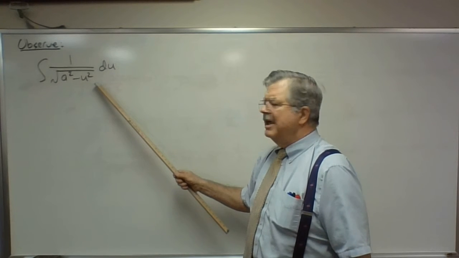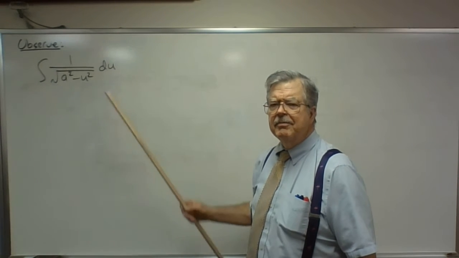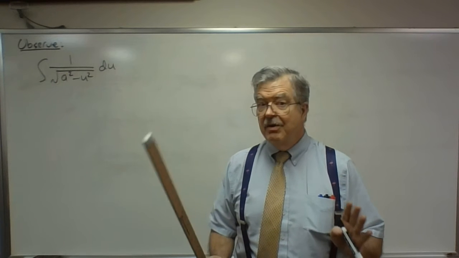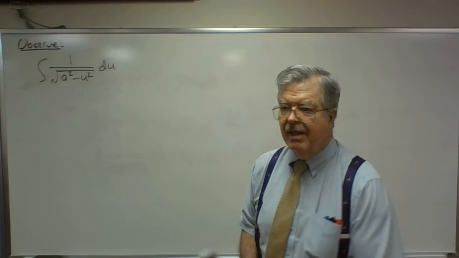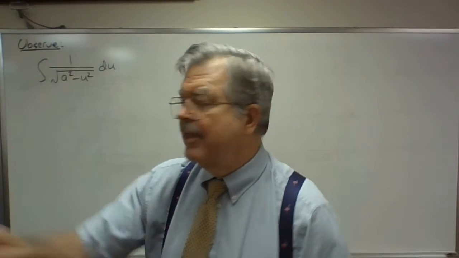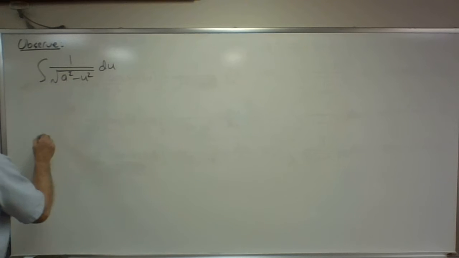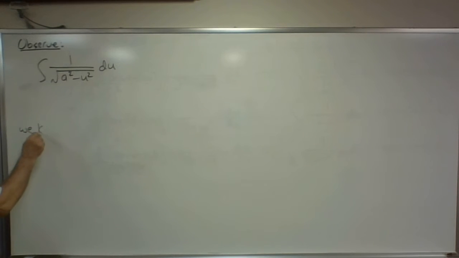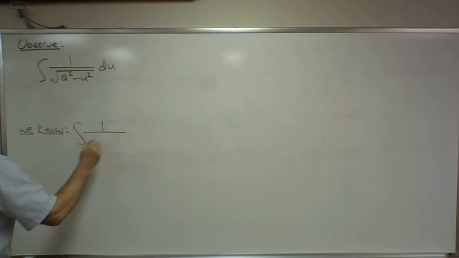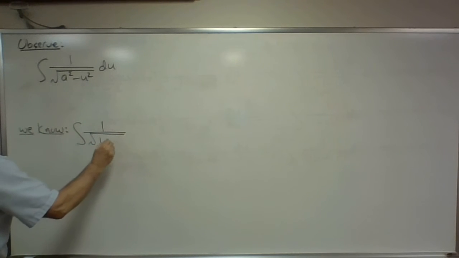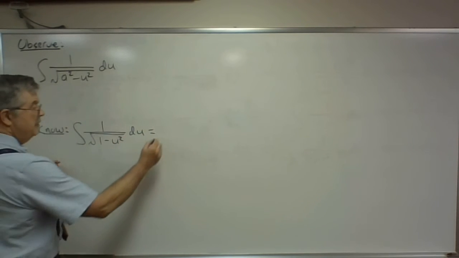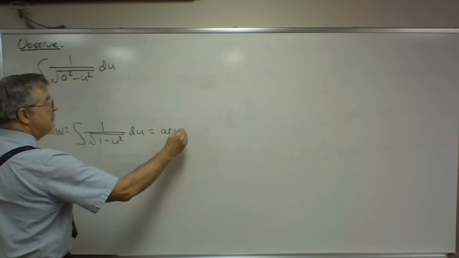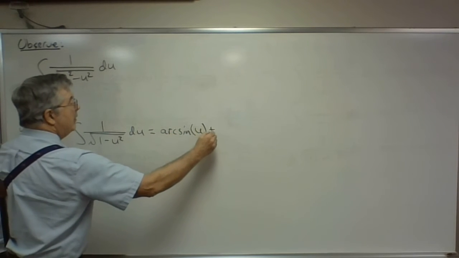And then I'll write down the generalizations for all three. In finding the antiderivative of this expression, we're not going to ignore the result that we had previously. We know that the antiderivative of 1 over the square root of 1 minus u squared du is equal to arc sine of u plus c.